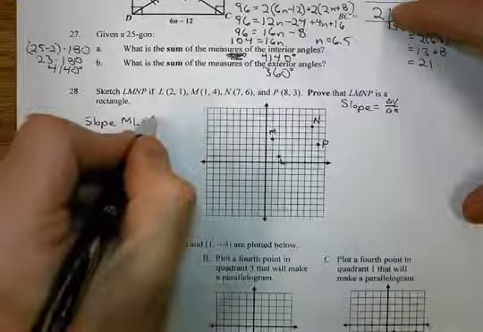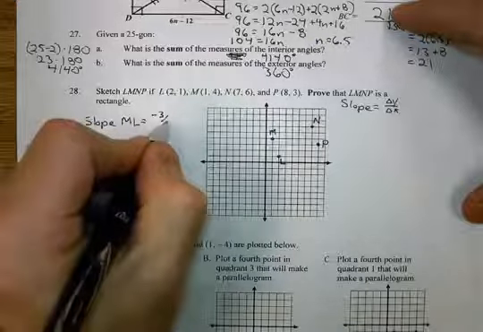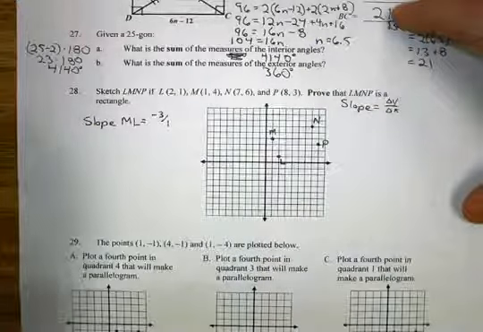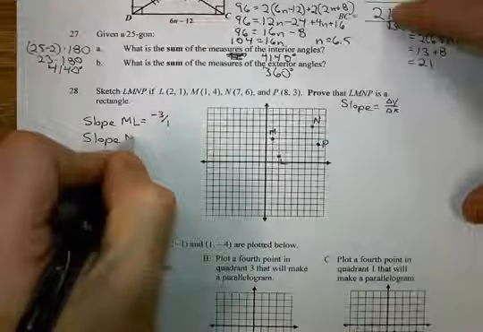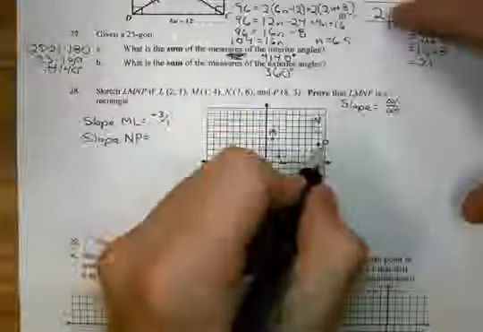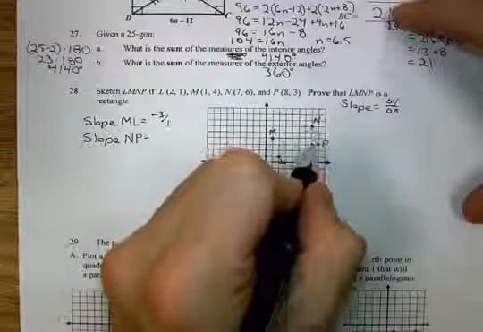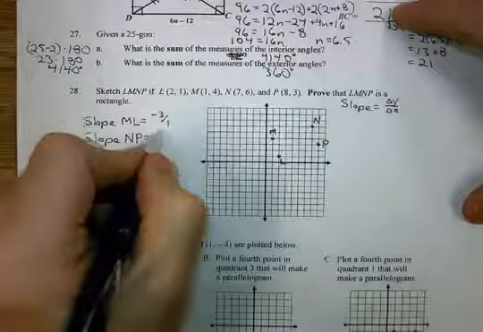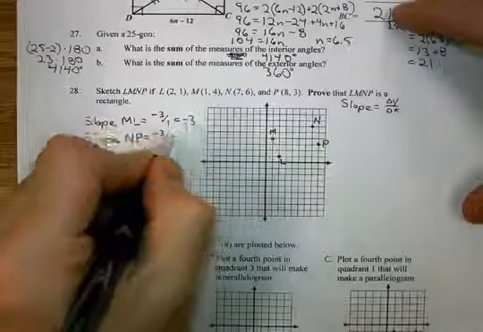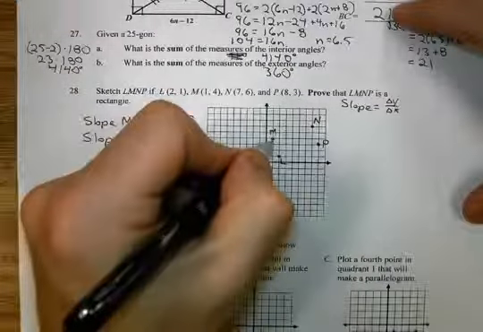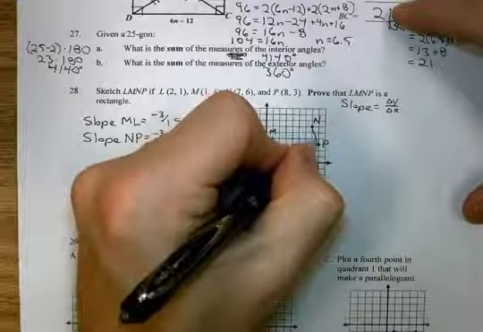My change in y was negative 3. My change in x was 1. The slope of the line I want to match up with it was NP. From N to P, I went down 3, 1 to the right. So negative 3, positive 1. I can see that these are each the same. They're both negative 3. So I know that these two sides are parallel.